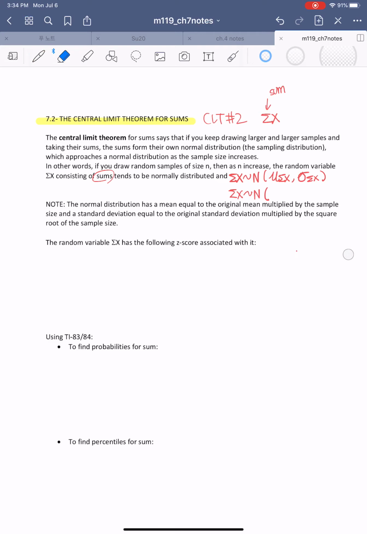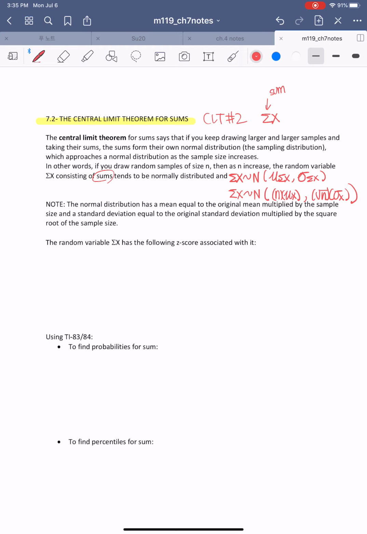Okay, I'll give you the formula: n, the sample size, times our population mean, and the standard deviation will be the square root of n times sigma of x.